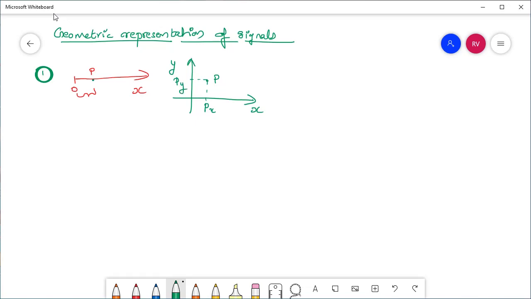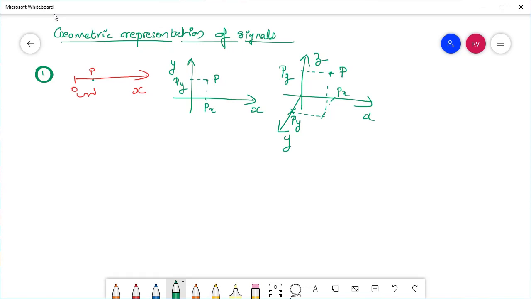Again, I can have a three-dimensional representation where I have another axis Z. Let X, Y, and Z axes, and this is my point. So this is Py, and this is Px, and this is Pz, and this is my point P.